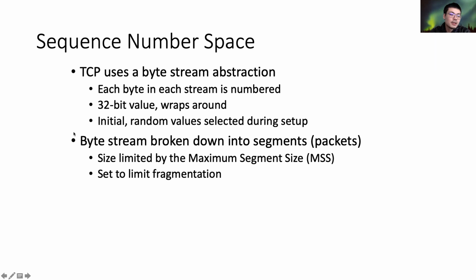So we say that the byte stream is broken into segments. We no longer call them datagrams, we call packets segments in TCP. And the sequence numbers are limited by a maximum, the maximum segment size, which is how large your segment can be. It has a size limit for each segment.